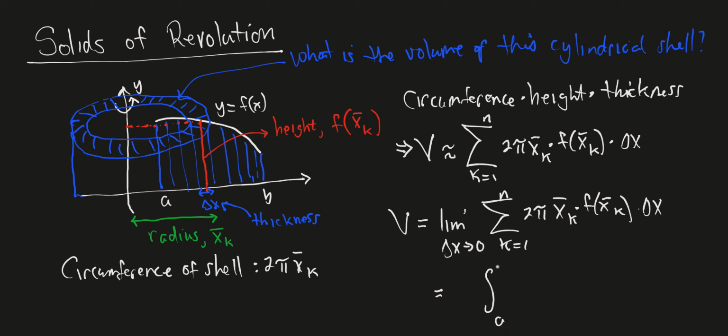So it's the integral from a to b, and then all the x bars just change to x, the f of x bar changes to f of x, and the delta x changes to dx. So it's the integral from a to b of 2 pi x times f of x dx.